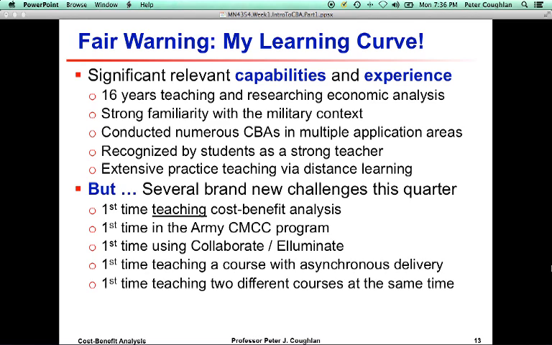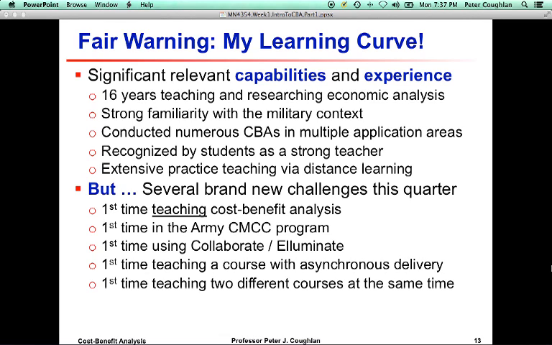And it's also the first time I'll be teaching 2 different courses at the same time. So in addition to teaching this course, I am teaching my Executive MBA Strategic Management course. So I'm teaching 2 segments of that. I've never done that in my 16 years as a professor. So that'll be a bit of a challenge, going from the cost-benefit analysis mindset to the strategic management mindset.